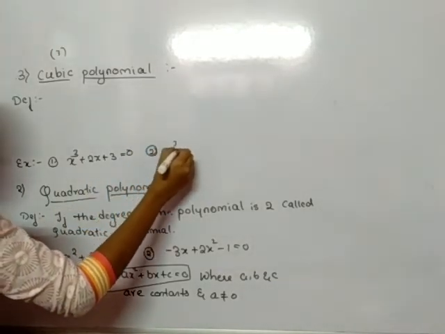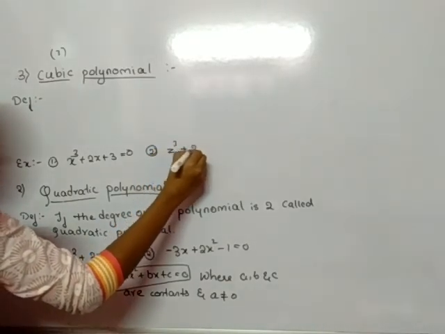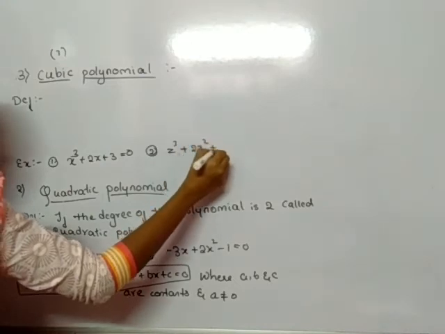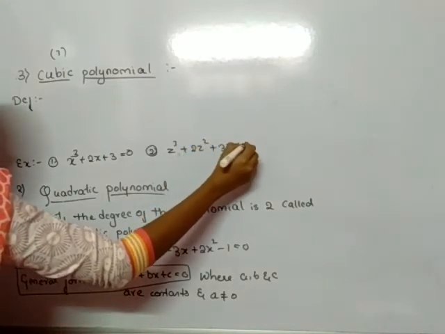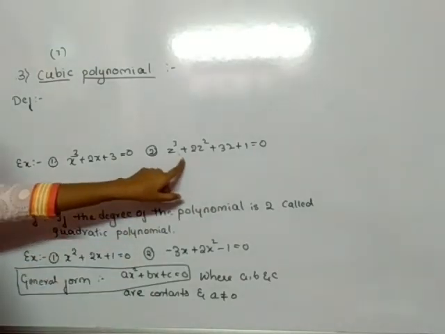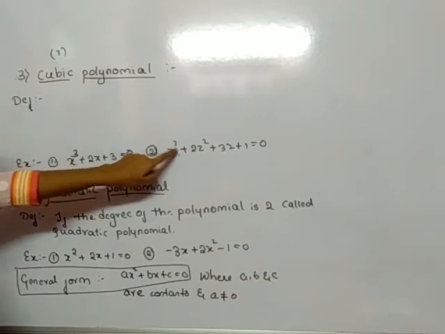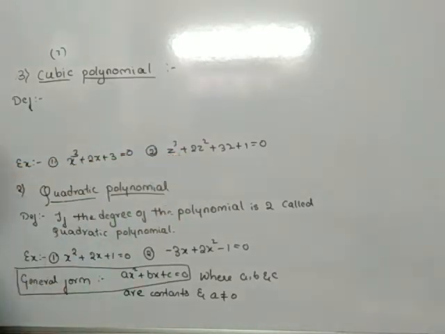z raised to cube plus 2z square plus 3z plus 1 is equal to 0 here. Again, this is a polynomial of degree 3, isn't it? Such types of polynomials are called cubic polynomials.